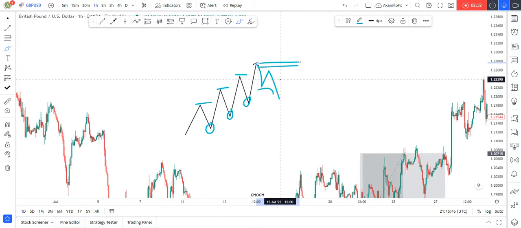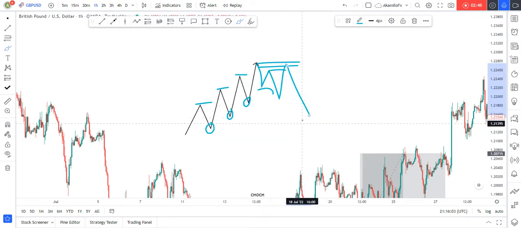Those SMC traders that think more deeply will find their top to be their entrance, and they will take this to be an inducement. So they'll be anticipating price to tap in and then continue the move.